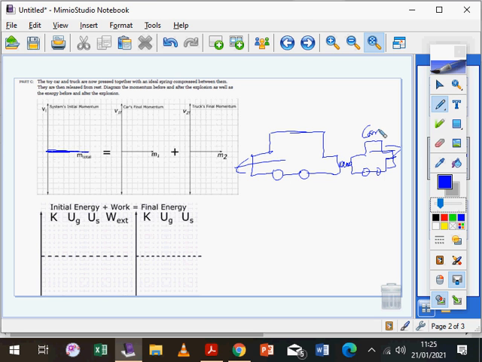The car is positive. It has a mass of 1, and it has a velocity of 3.